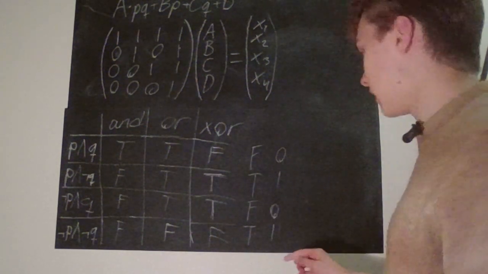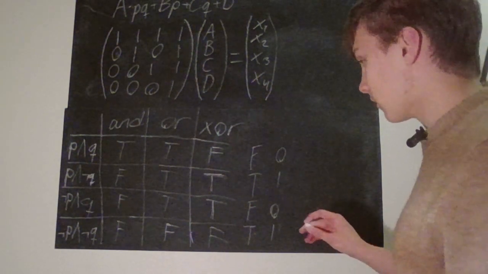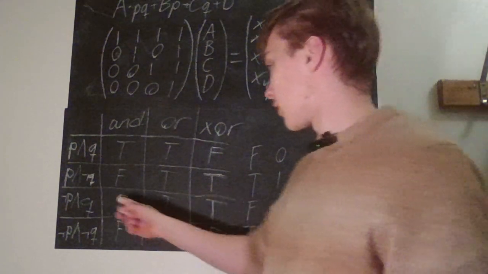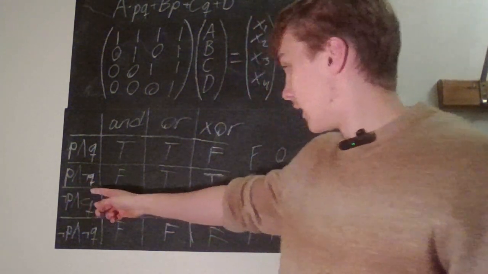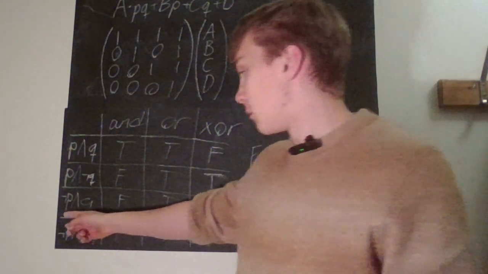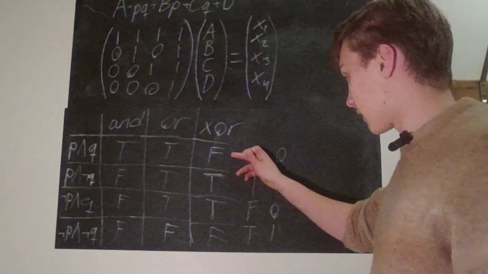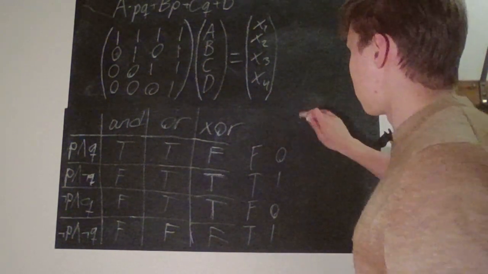So we could see this as, well, we have the condition p is true and q is false, or p is false and q is true, and then we would get exactly this. So I can just try to input that.